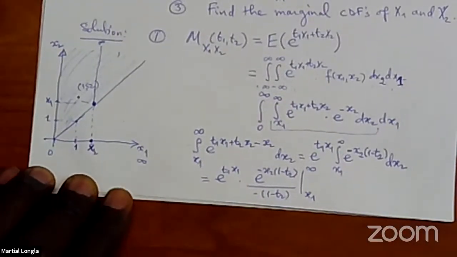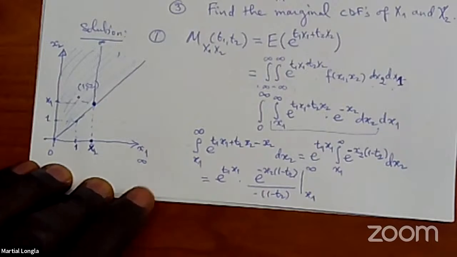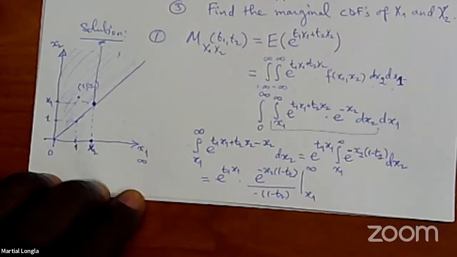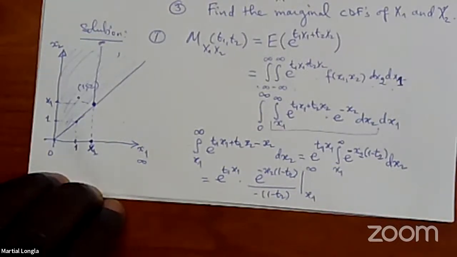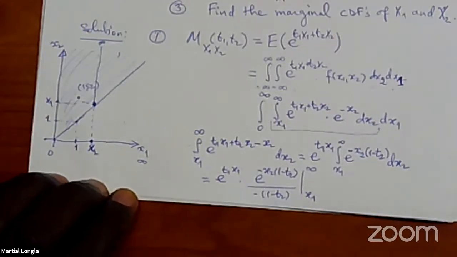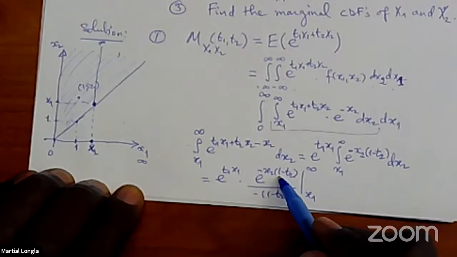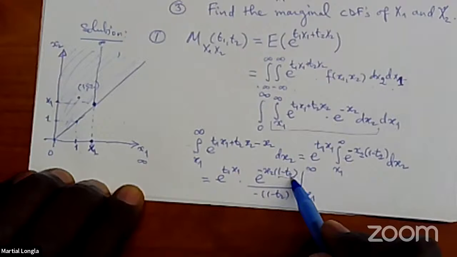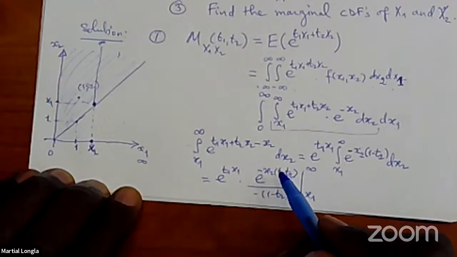So how do we end this integration? And who can explain why I actually pull out the negative to put here? Because e to the minus infinity is 0. So I'm expecting you to see that there should be a condition here that this number is positive. 1 minus t2 is positive.